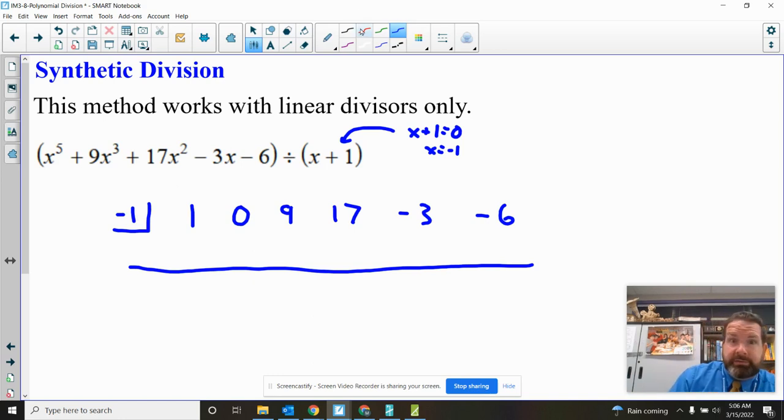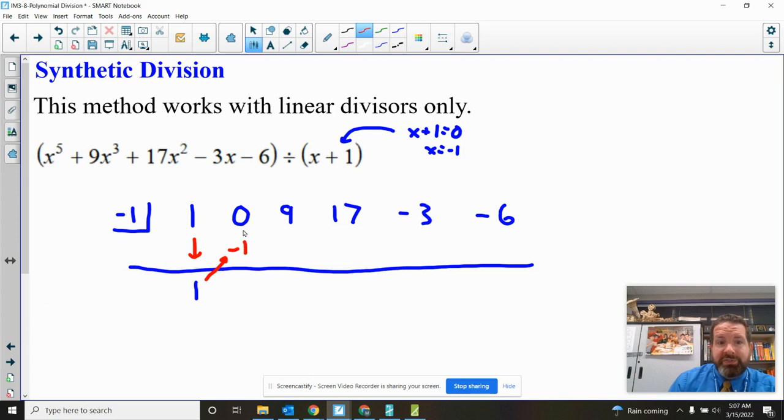Here's your procedure. Start by taking the first coefficient, and you just drop it right down below the line. From here on out, it's always going to be the same two steps. Step 1, multiply the number down here times the number in the box. So 1 times negative 1 is negative 1.